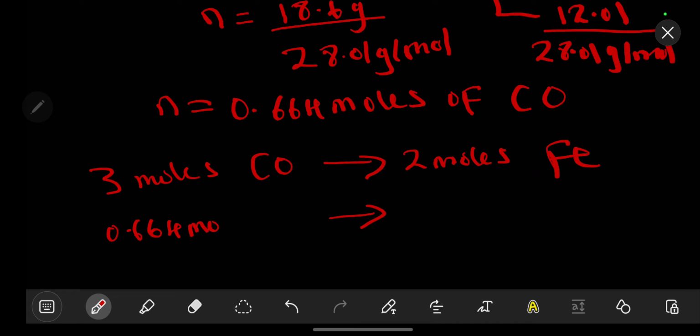Then what if you have 0.664 moles of our CO? We don't know how much of the iron we are going to produce, so we cross multiply.